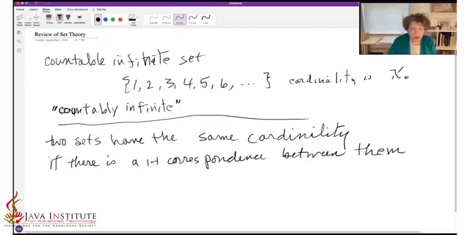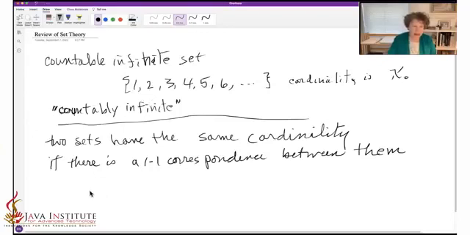It's a 1-1, a one-to-one correspondence between them.